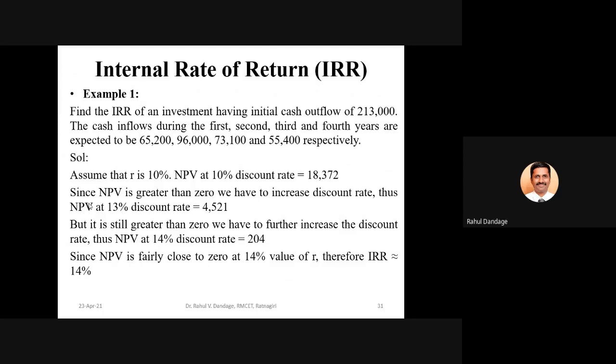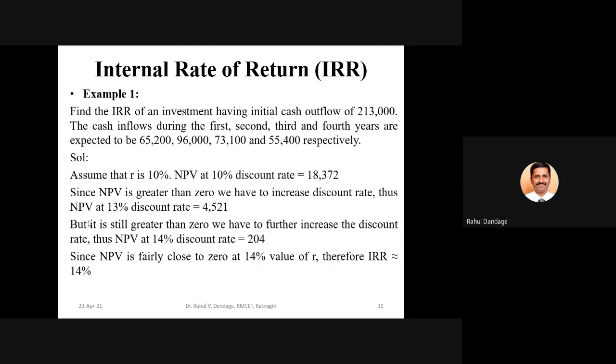From 13 we can check for a discount rate of 14. Applying the same process, each cash flow is divided by (1.14) raised to 1, 2, 3, 4, minus the initial investment, and that comes out to be around 204.